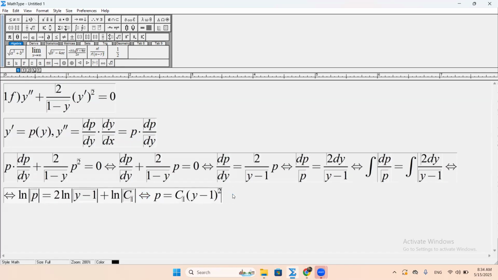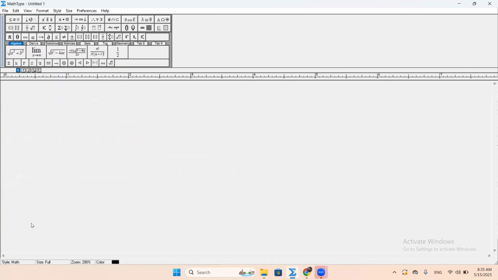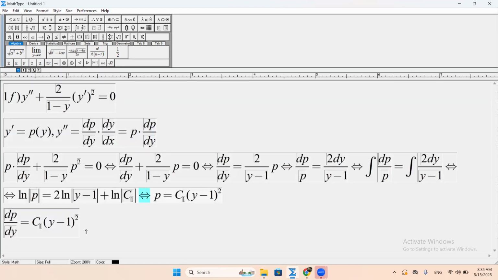Now, we remember that p equals the derivative. So writing down that dy by dx equals this expression. And now let's separate variables and integrate. What do we have here? So dp equals this expression.